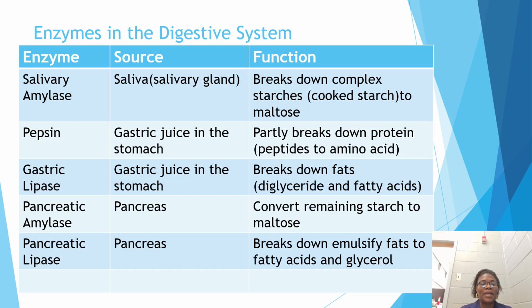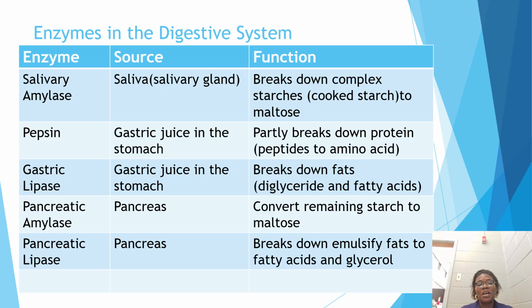If you look at it there, you see that we have two amylase enzymes. But the first one that I mentioned, salivary amylase, is different from the pancreatic amylase. The pancreatic amylase is secreted by the pancreas, while the salivary amylase is secreted in the saliva.